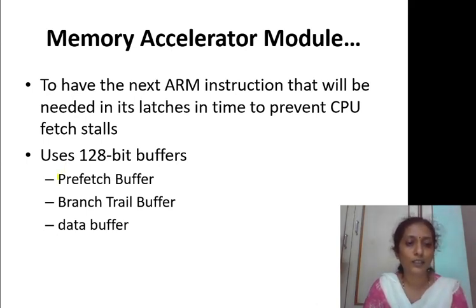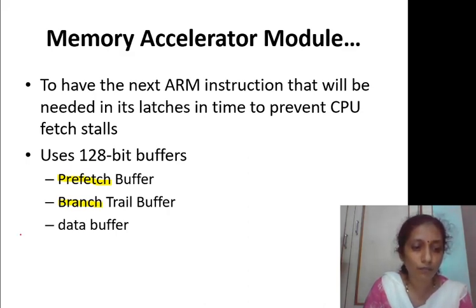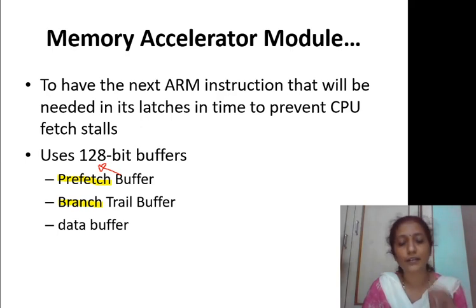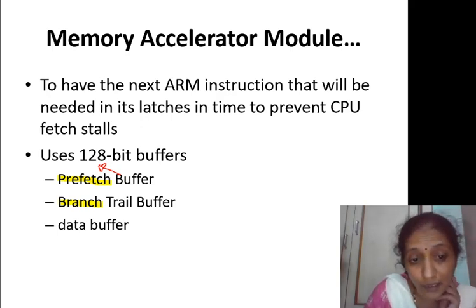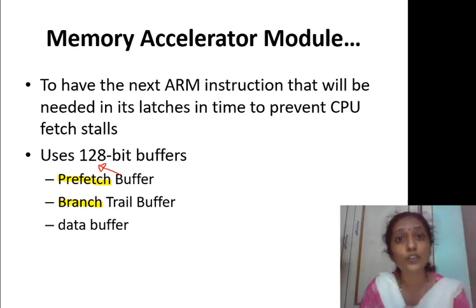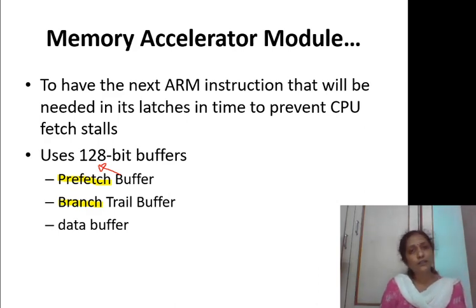So you can see that it is working on three different buffers, and every buffer is 128-bit wide. All three buffers are 128-bit wide. And what is the length of a single data item or single instruction in case of LPC2148? It is 32-bit.